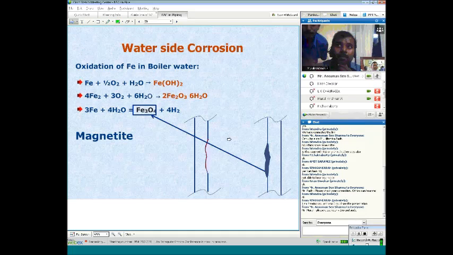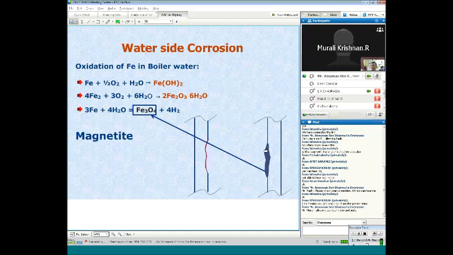If I can assume a limited thickness, let us say less than 30 microns, rather than restricting the heat transfer, it is going to behave as a protective layer on the metal surface. And that is primarily the job of magnetite, which protects the metal from interaction with the water.